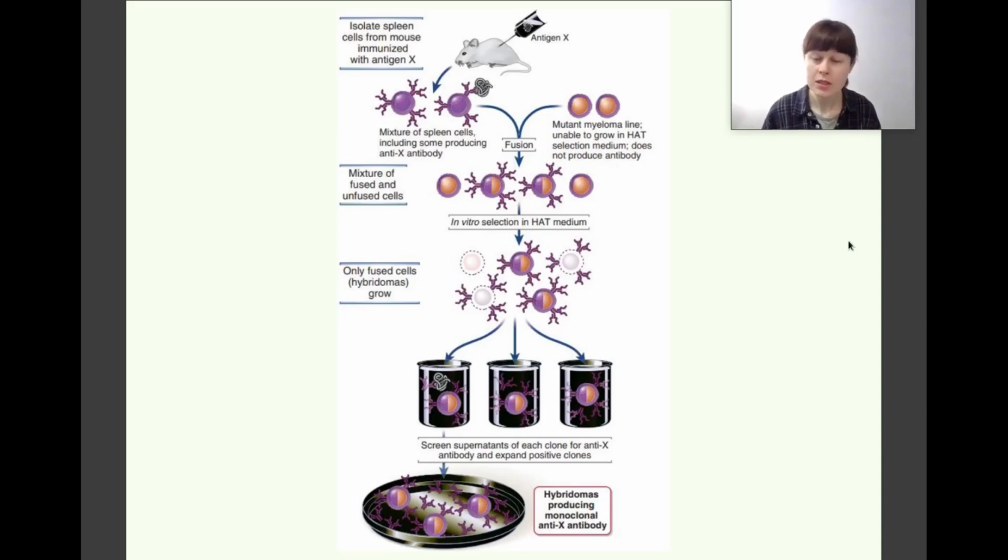Only fused hybrid cells, referred to as hybridoma cells, are able to grow in this medium because the spleen cell partner supplies the hypoxanthine guanine phosphoribosyl transferase, and the myeloma partner has traits that make it immortal like cancer cells.